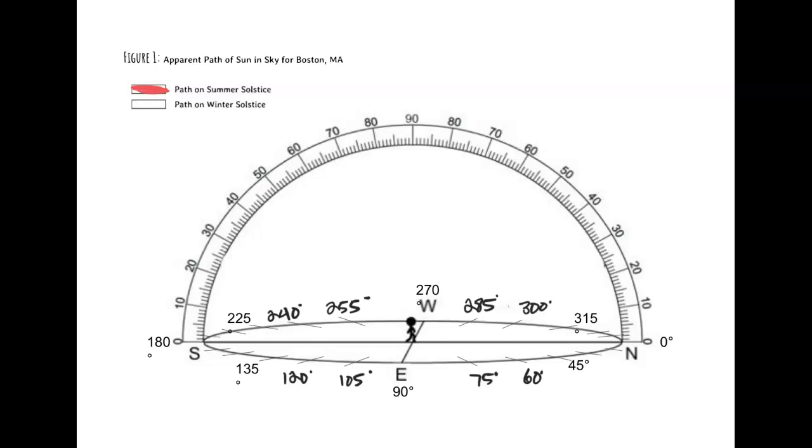And we've previously found out that in Boston, the sun rises on the summer solstice at 57 degrees. So a little bit before 60, I'm going to put a red X. And then sunset happens at 303 degrees. So all the way around the circle to about here. And the sun angle is 71 degrees at solar noon on the summer solstice.